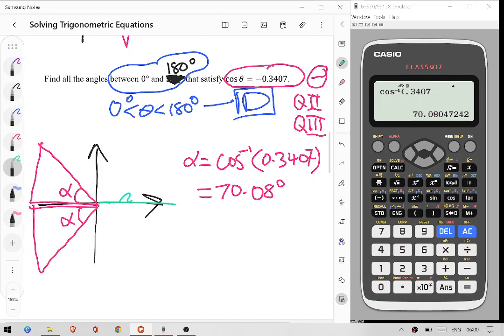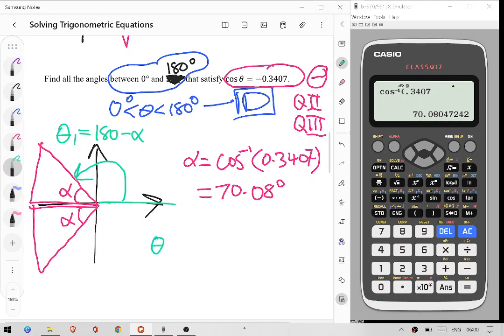Now we can start with our theta. Let's go up until we hit the first triangle. This is the first theta. Sorry, I was wrong: for this one, the first theta is 180 minus alpha.